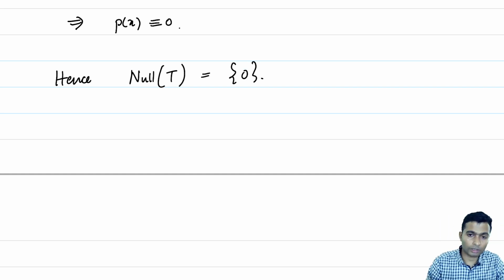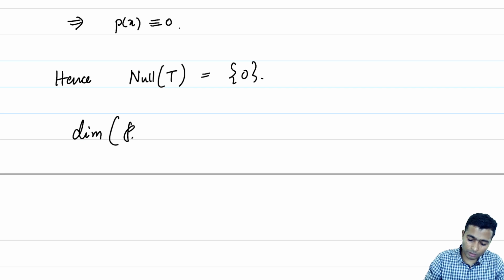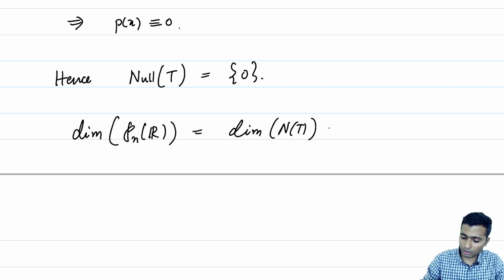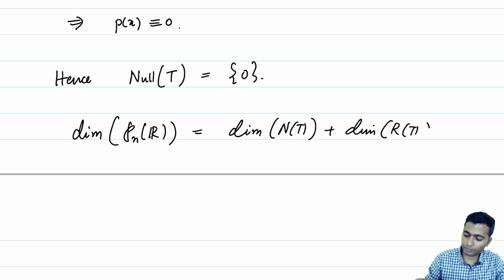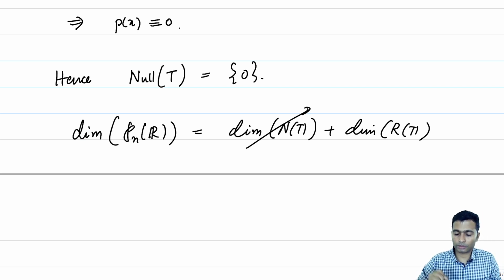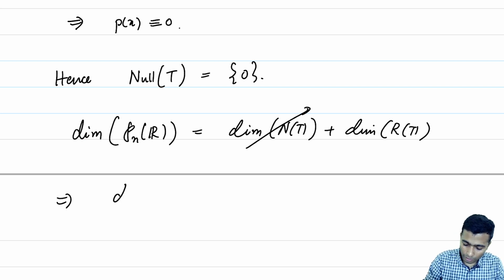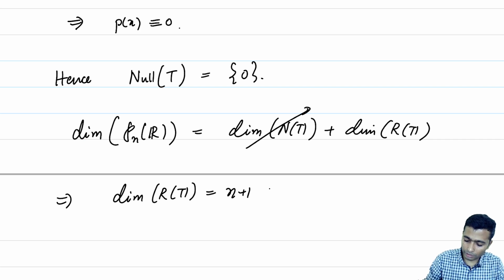But then, now we will invoke the dimension theorem to say that the dimension of Pn of R is equal to the dimension of the null space of T plus the dimension of R of T. And this we know is 0 because null space is the 0 vector space, which gives dimension of R of T is equal to n plus 1, which is the dimension of Rn plus 1.